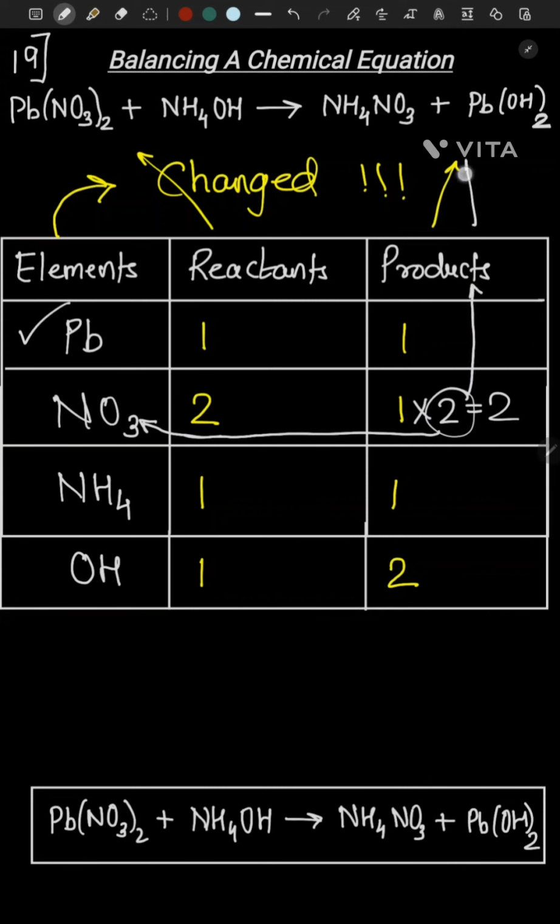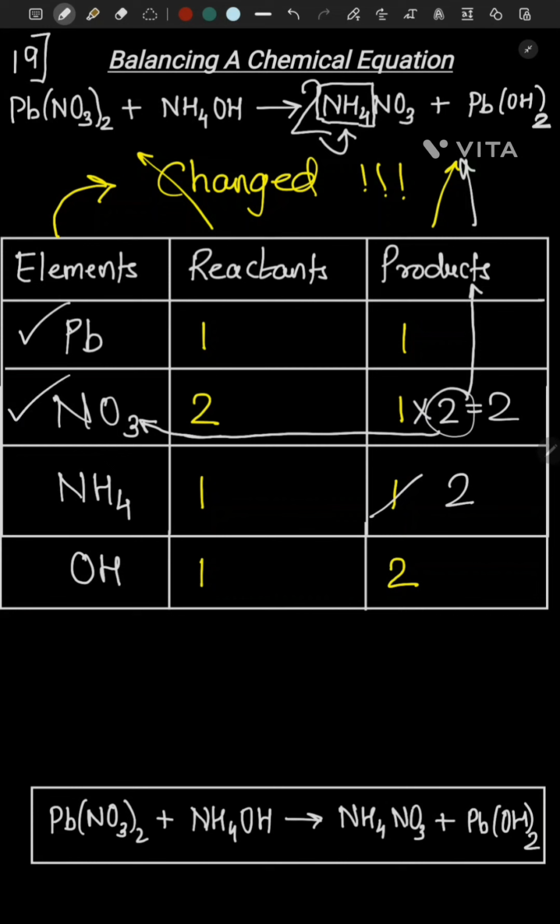But as I go up, do I find nitrate alone? No, it is in the combined form, so I'll have to take it as 2. Now the moment I take it as 2, this ammonium, which was single earlier, will now become twice. So when it becomes twice, the ammonium which was 1 will now change to 2. Right? Moving on.